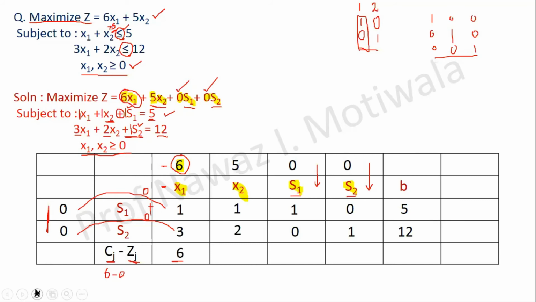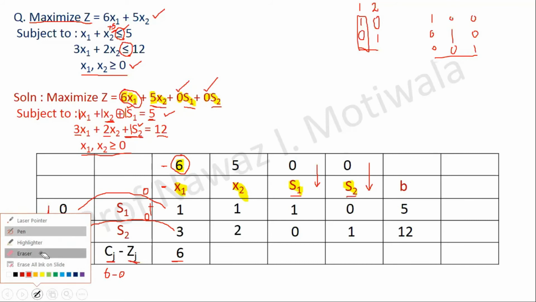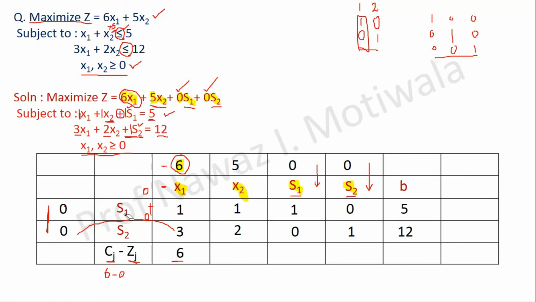Again, I will show for the second case to give you a clear idea. Now I want my answer of Cj minus Zj here. So what will be my Cj? As I told, Cj is the coefficient of that particular variable. So I will write here 5 minus, and what will be that Zj?